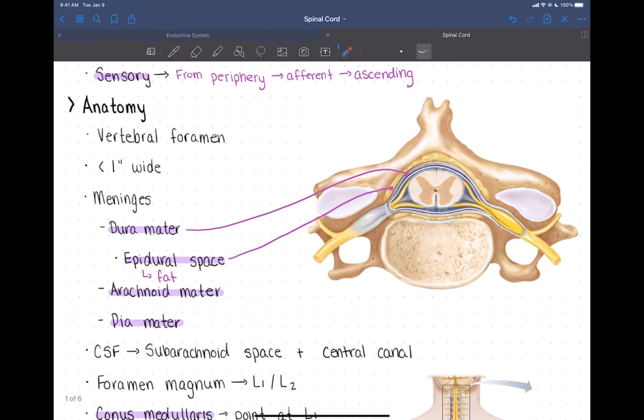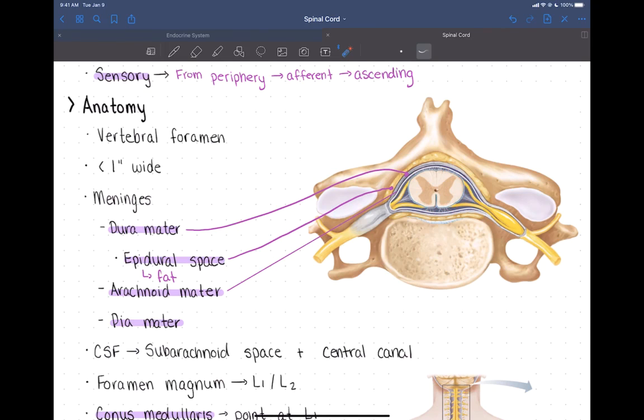Then just like in the brain, deep to the dura, we have our arachnoid mater. You can see that here. So that's our arachnoid mater. Just like in the brain, there's this large space, actually all of this space, and you can see some of these spider web-like fibers here from the arachnoid.